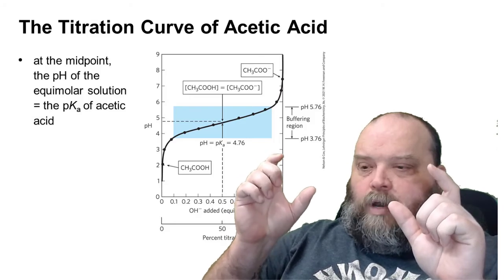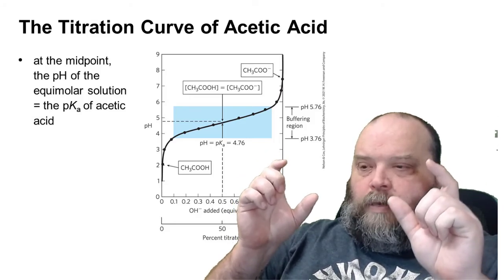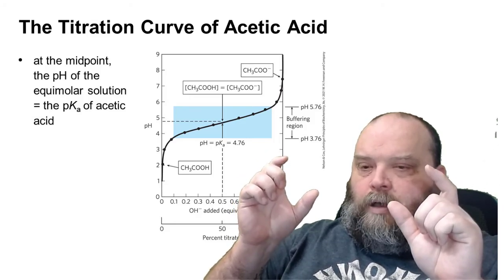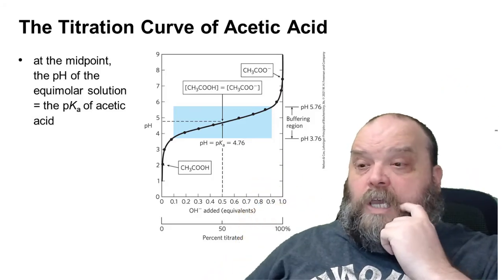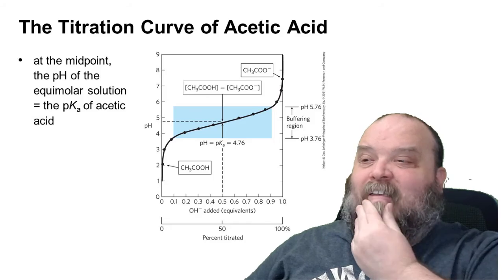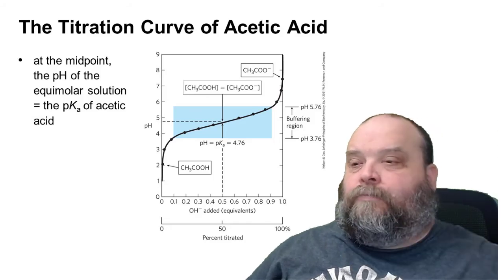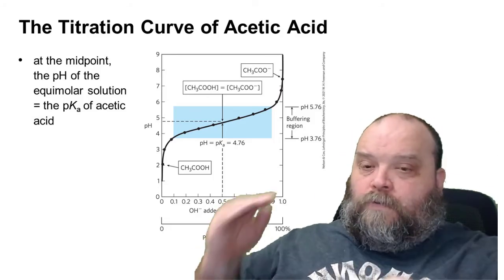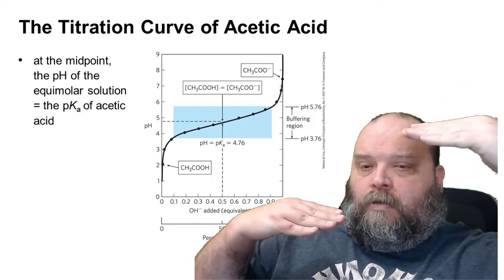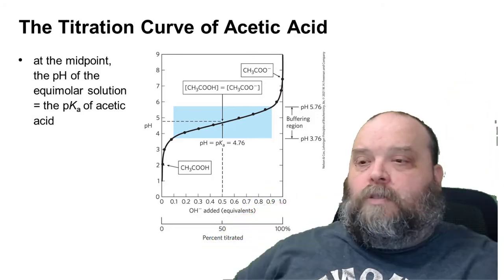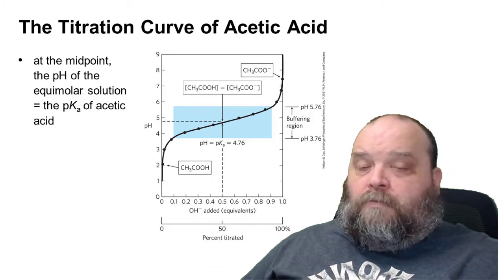You keep adding more NaOH, pH keeps going up, up, up, and then all of a sudden everything goes to the COO-. The point where it curves over, the point where it curves up, you take the average between those two, you have the pKa value.